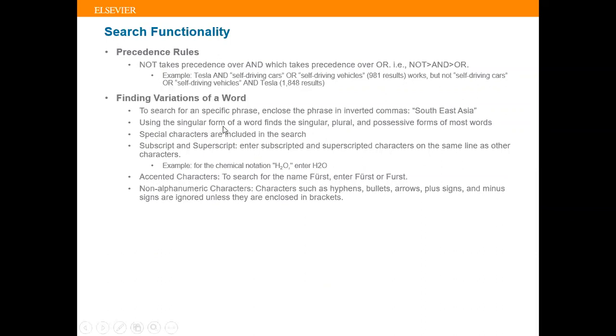Over here we have another example, Southeast Asia. If you want to search for a specific phrase, you need to enclose this phrase in inverted commas, or we call it quotation marks.